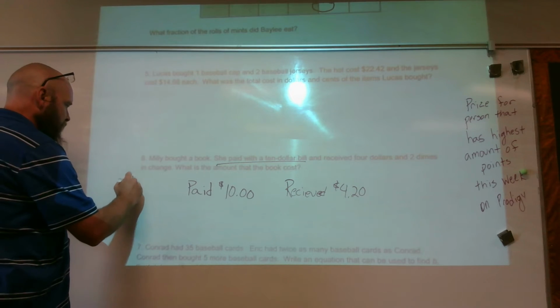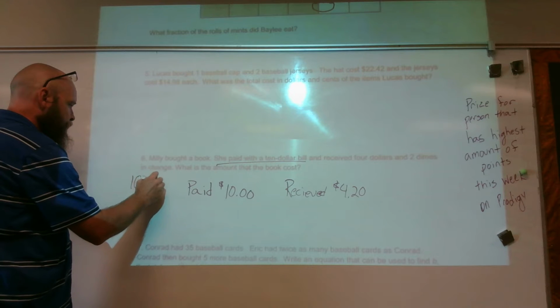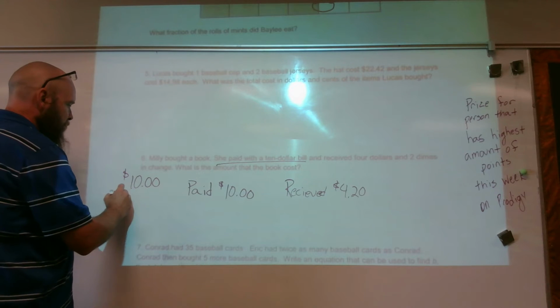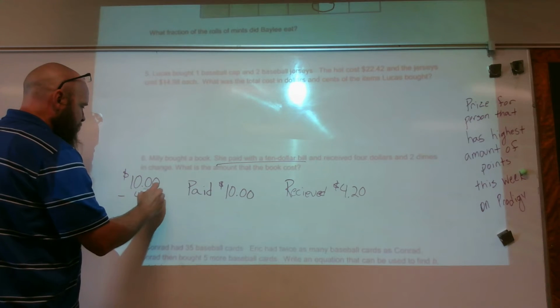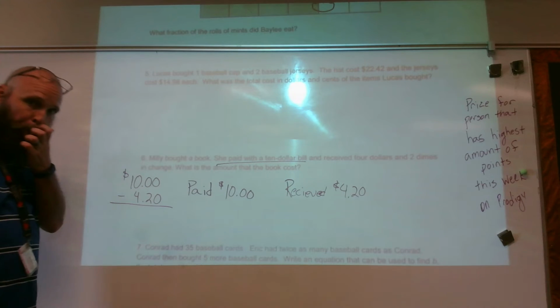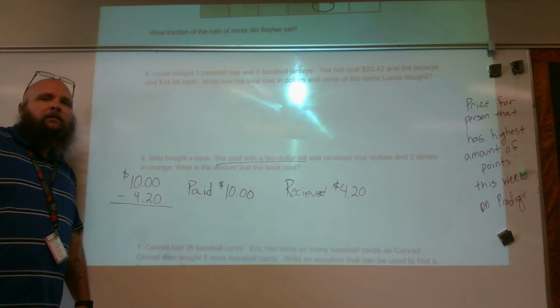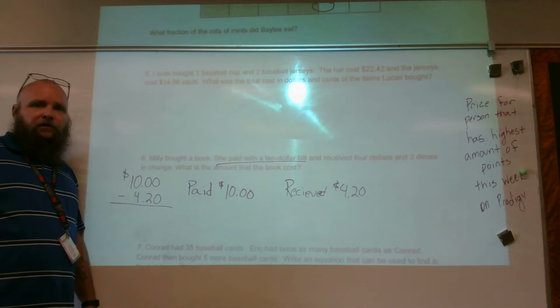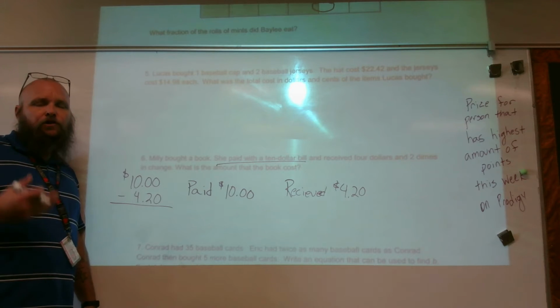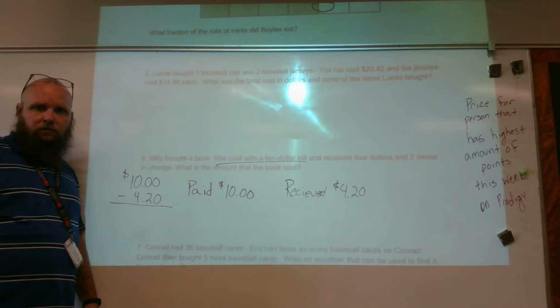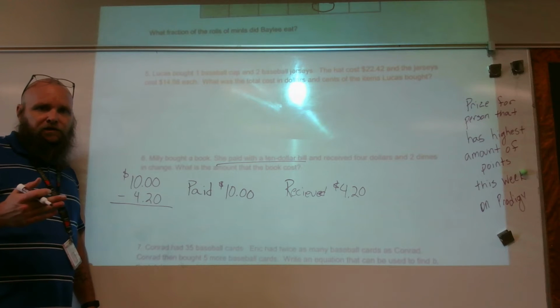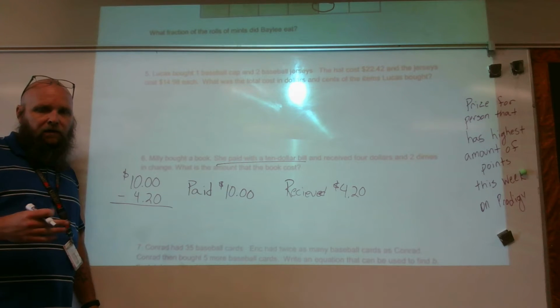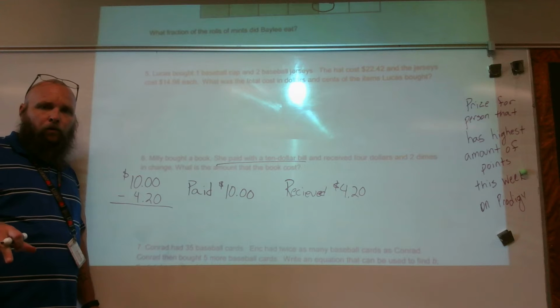Let's look over here, $10 subtract $4.20. Okay, you need to know this because you don't want to get ripped off when you go to the store. And if you're not paying attention and you can't add and subtract with money, you are going to be poor.